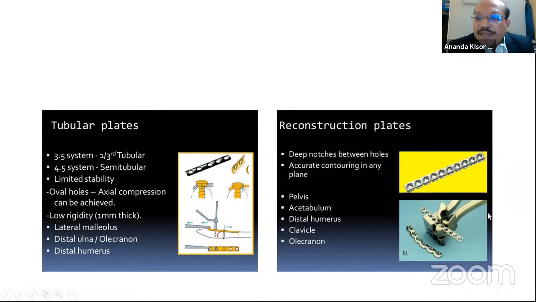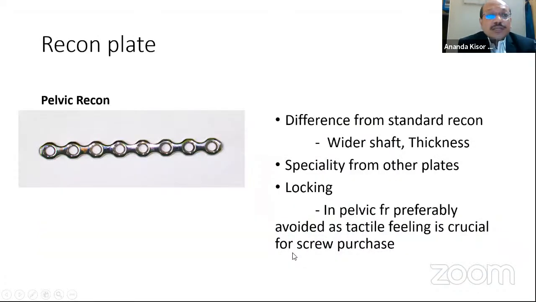But no other plate can be bent in this manner, along the width of the plate. Only the reconstruction plate can be bent along its width. That is the specialty of the reconstruction plate. It can be used for pelvis fracture fixation, acetabular fracture fixation, distal humerus, clavicle, and olecranon.